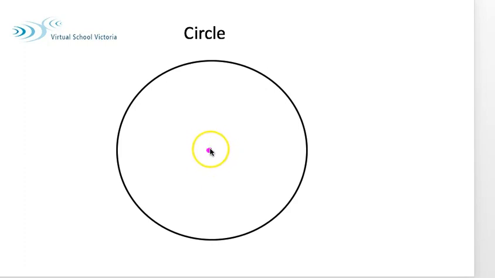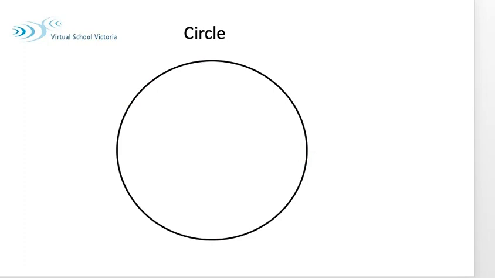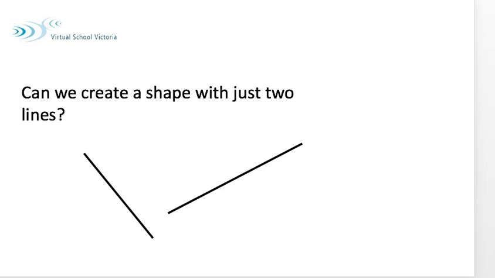There's the point, and the whole idea of a circle is every line from the point to the circumference of the circle is always an equal distance. Also, you do have angles in a circle, but as you can see, they happen on the inside of that shape, not on the corners because there are none.